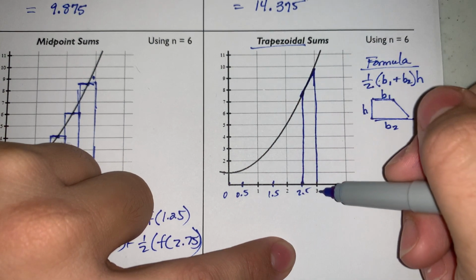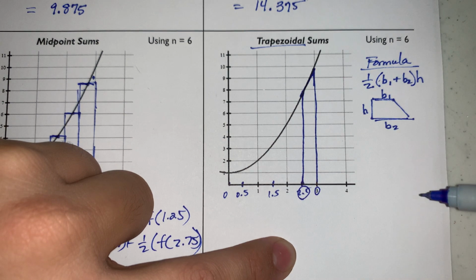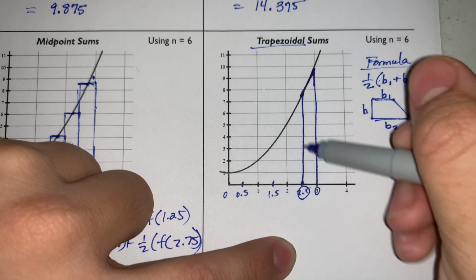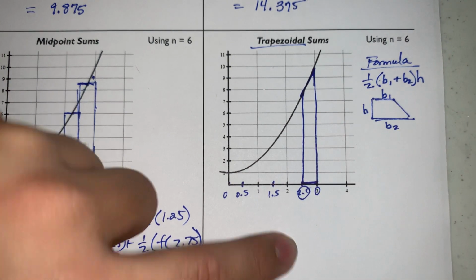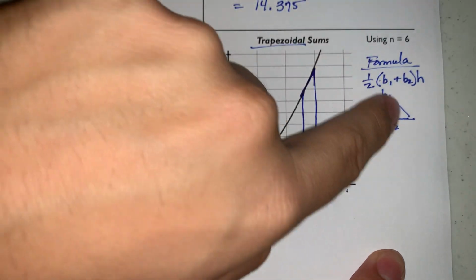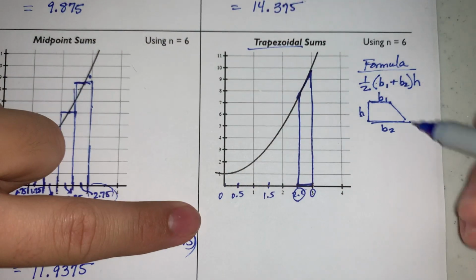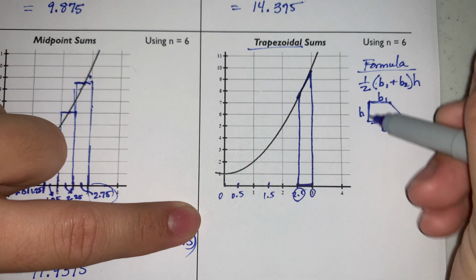So base 1 is essentially f of 3. Base 2 is essentially f of 2.5. And then that'll tell you the lengths. The height of this trapezoid is, well, it's a vertical trapezoid with the diagonal up there, right? So the width of that is going to be considered our height.